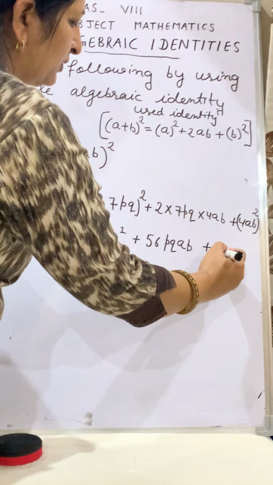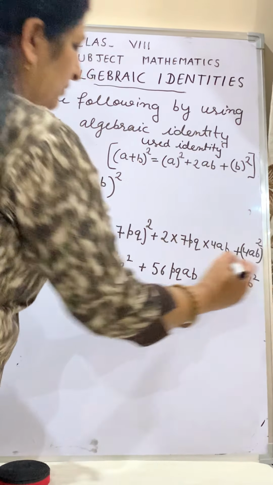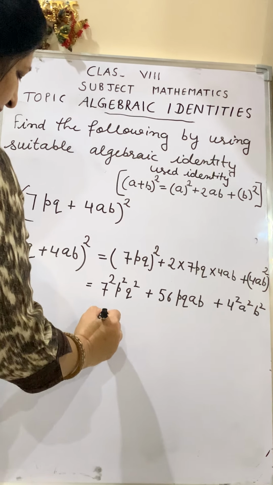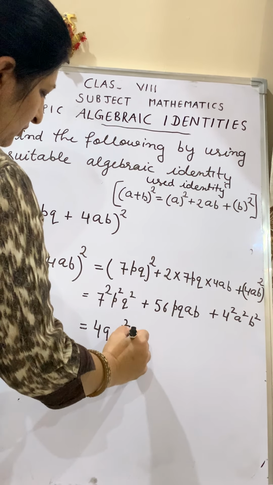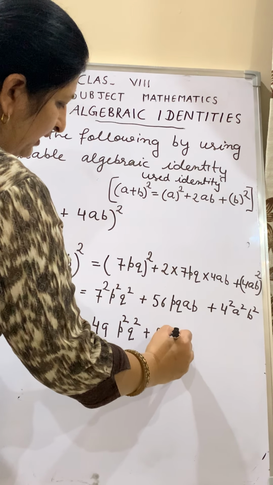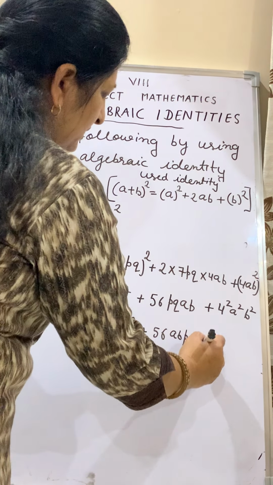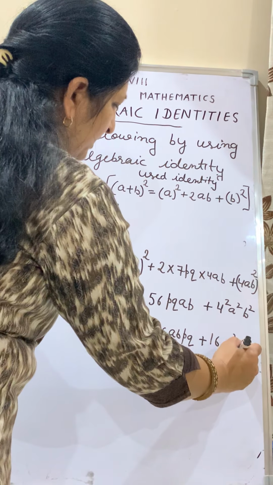Plus 4 raised to power 2, a raised to power 2 and b raised to power 2. 7 raised to power 2 is 49, p raised to power 2, q raised to power 2, plus 56abpq, plus 4 raised to power 2 is 16, a raised to power 2, b raised to power 2.